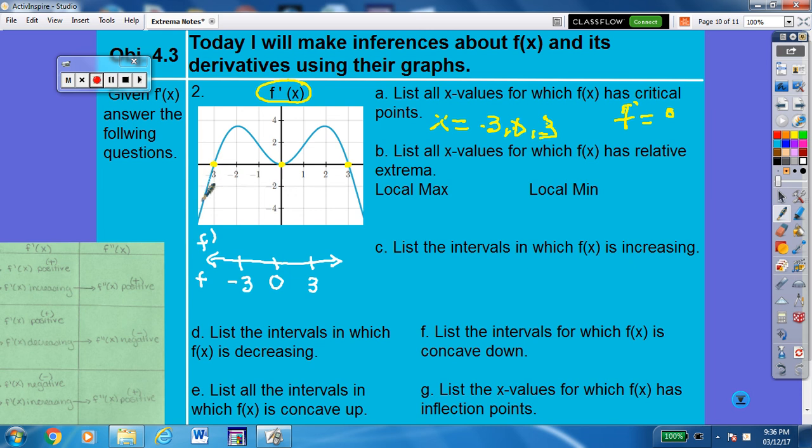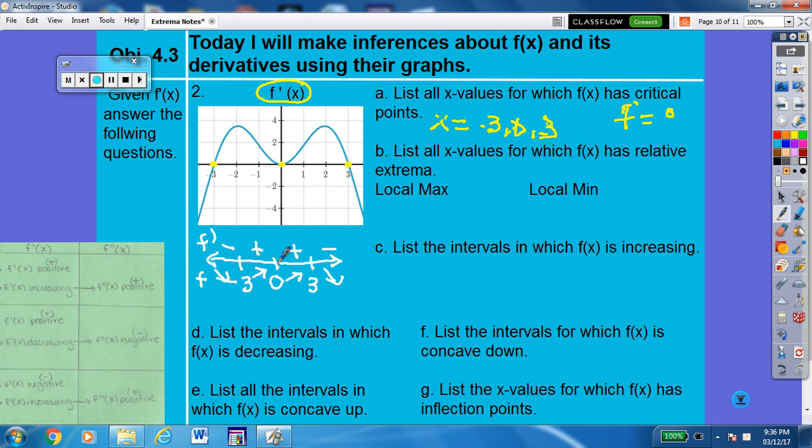And here I have negative y values, which would mean that we are decreasing. Then we have positive y values, which would mean that we are increasing. Then I continue to have positive, increasing, and then I have negative. Again, I'm not looking for direction. In this graph, I'm looking strictly at the y values.